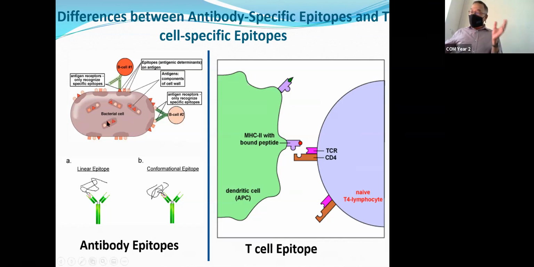But generally speaking, these so-called T-cell dependent antibodies recognize fragments of a protein molecule, what we call epitopes. These epitopes might be around 20 amino acids long.